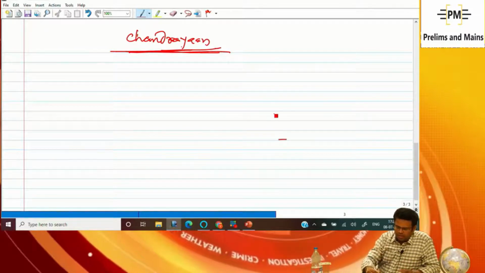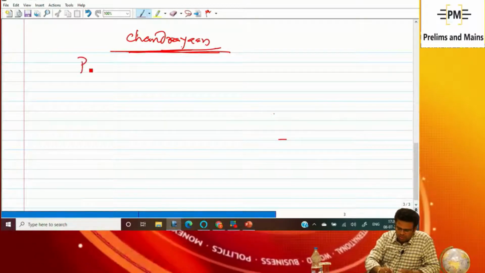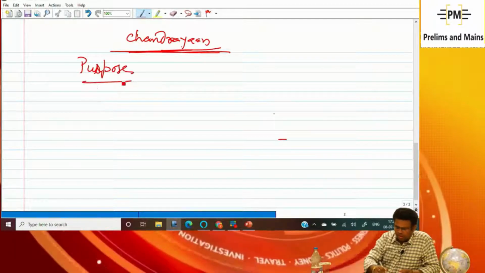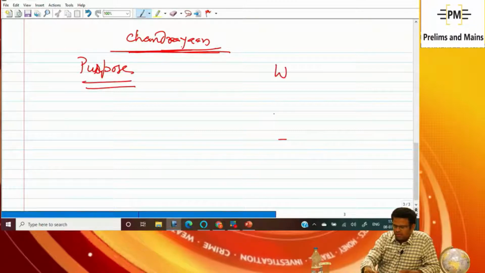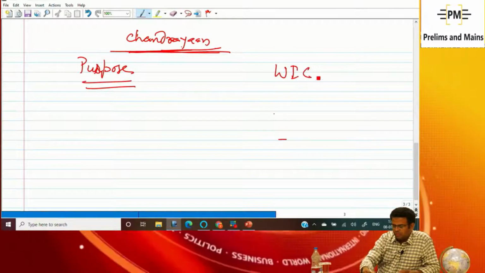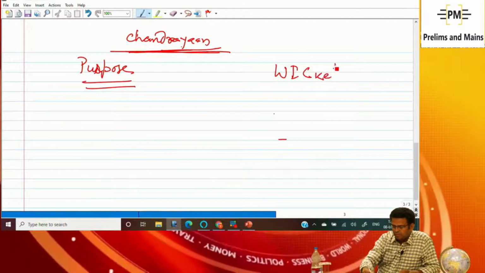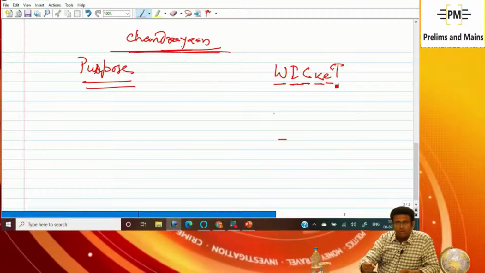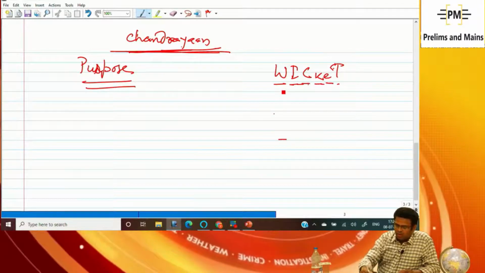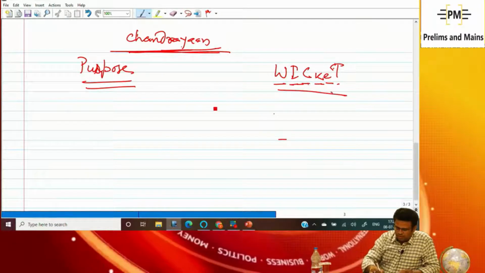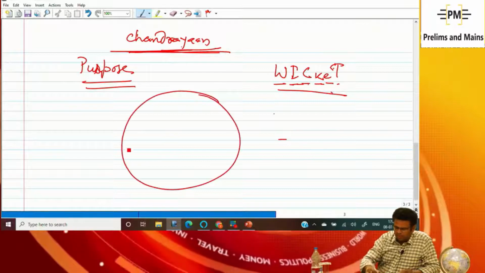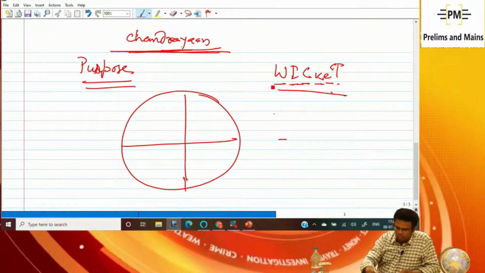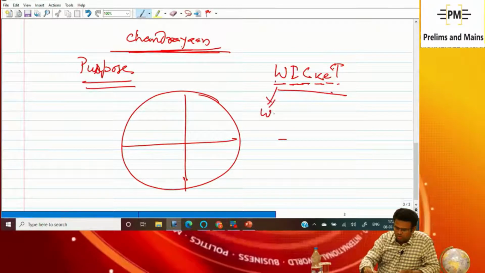You have to remember the purpose of Chandrayaan 1 with the help of WICKET, you must have heard of wicket, and from this we will derive the words. The first purpose was finding the availability of water. So W is for water.